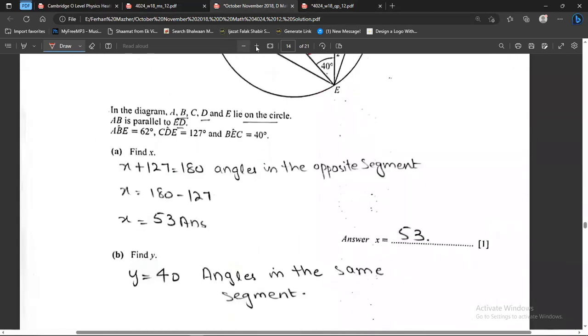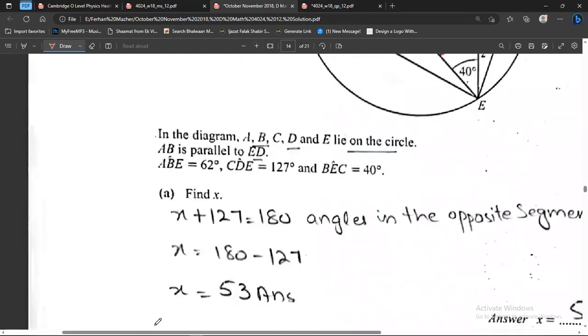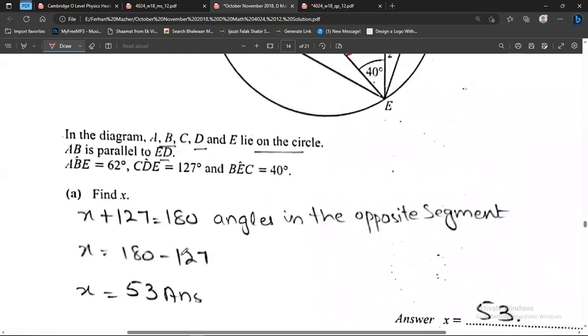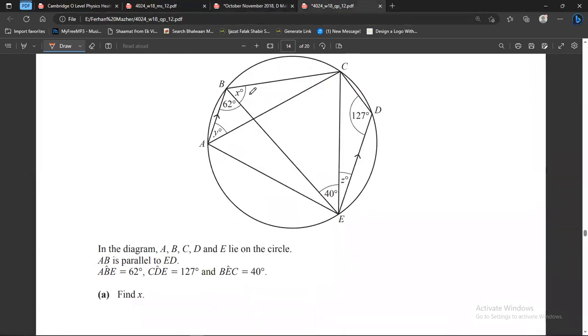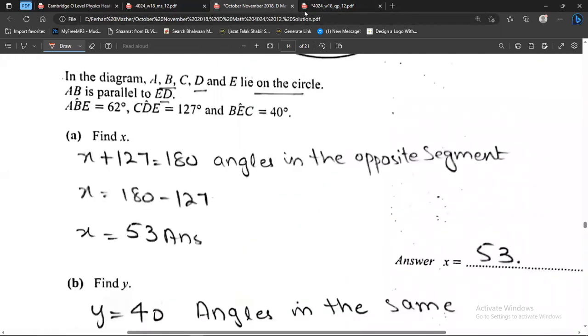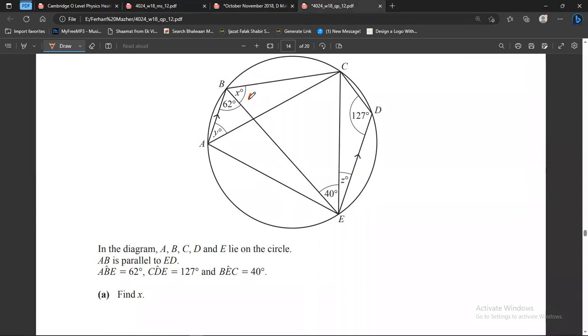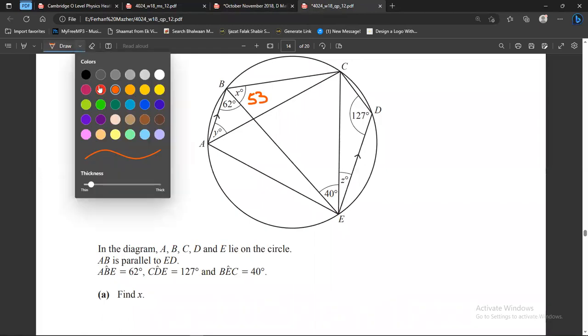So X will be equal to 180 minus 127, and that X will be equal to 53. So this angle will be 53.